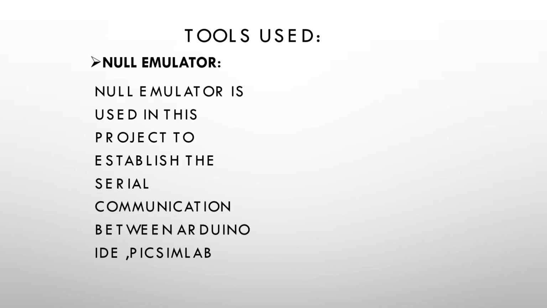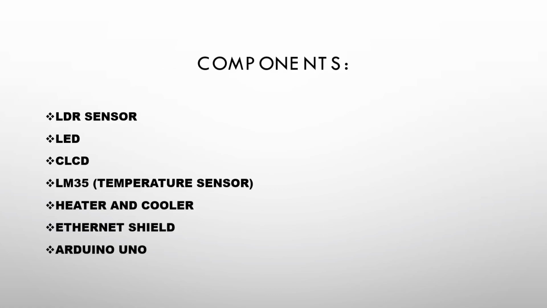Coming to the major hardware components we have used: the LDR sensor, LED, CLCD, the temperature sensor like LM35, heater and cooler, Ethernet shield, and the Arduino UNO board. All these are the hardware components we have used in this.